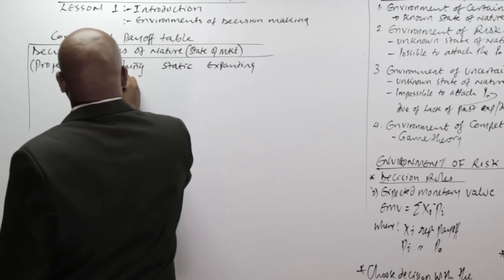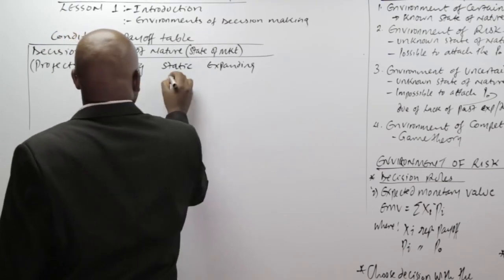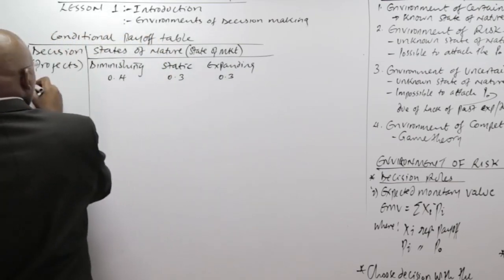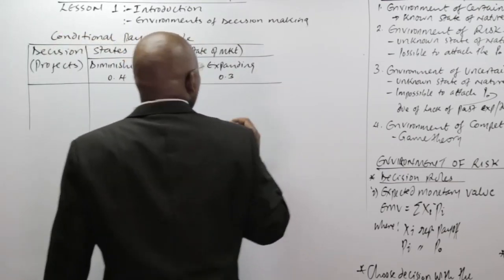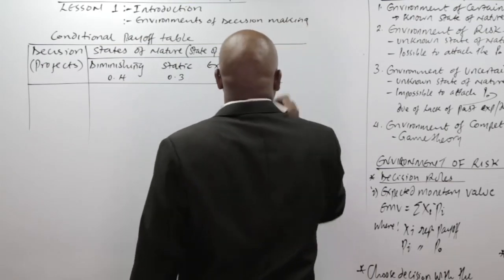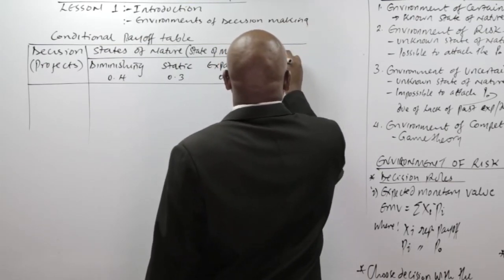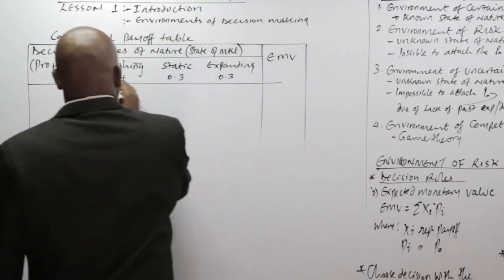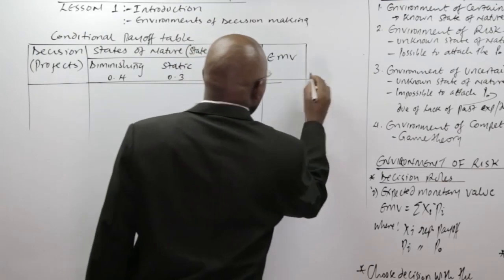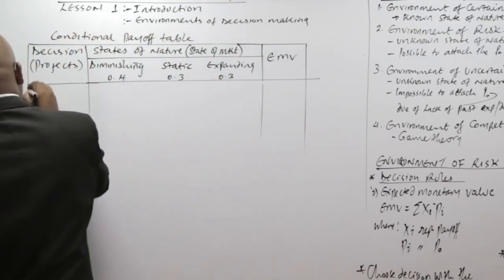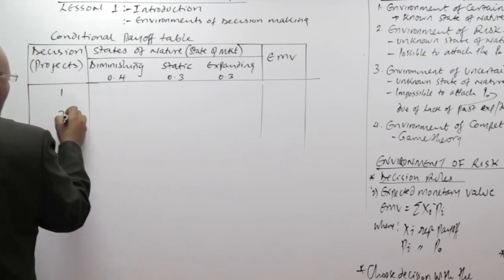The probabilities are 0.4, 0.3, 0.3. Then we have the outcome, which shall be the EMV. The projects are project 1, 2, and 3.